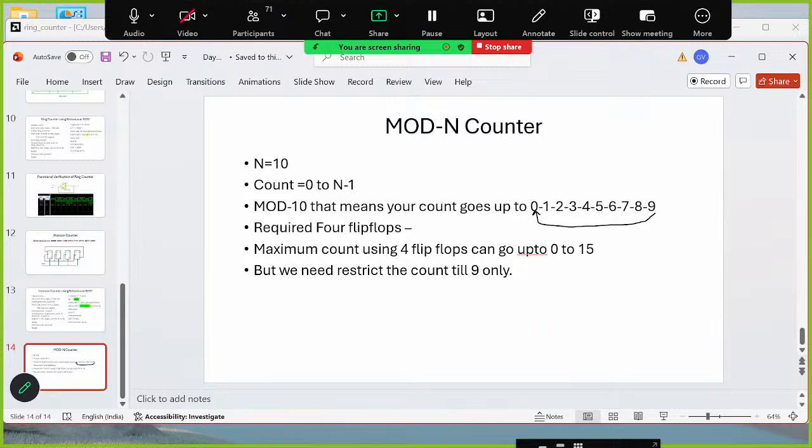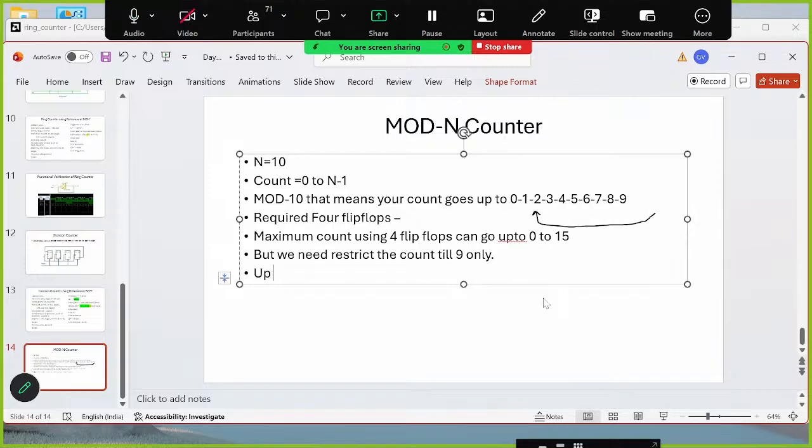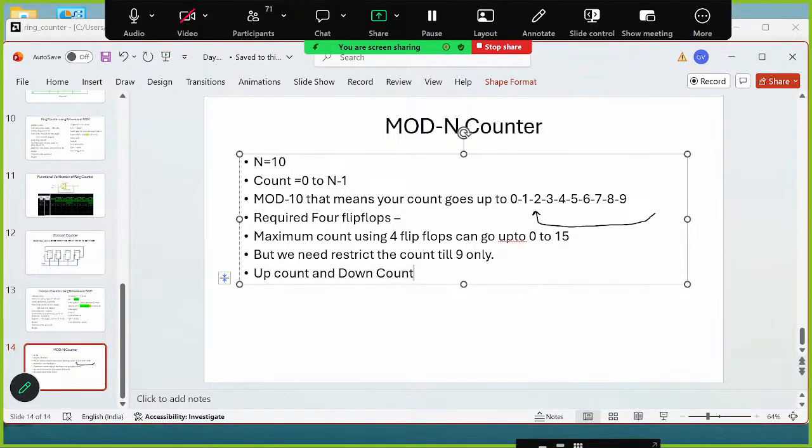So they can be of two types further. There may be up count and down count, whatever you want to do, or you can create up and down count both also.